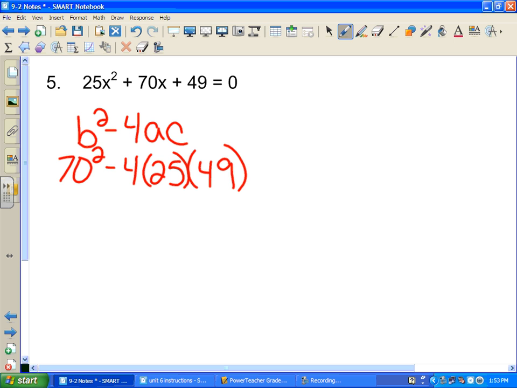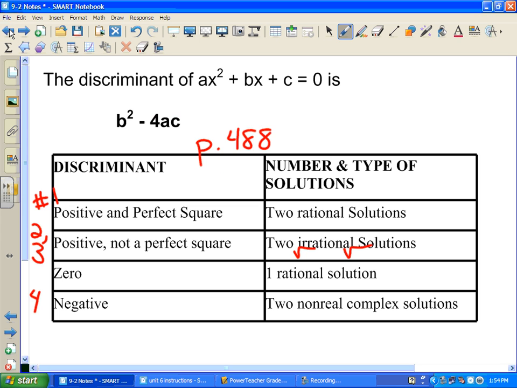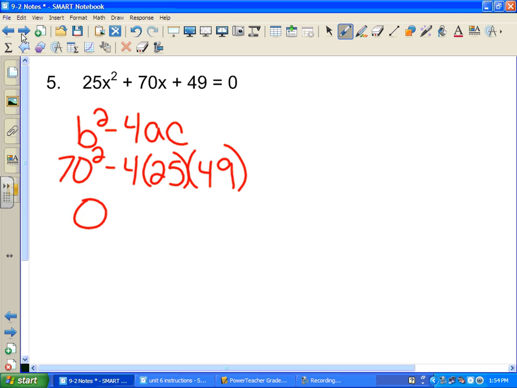What do you get? Someone said 0. We end up with 0 as your discriminant. So since it's 0, what kind of solutions? 1 rational. And like I said, this is in your book. You don't have to memorize it.